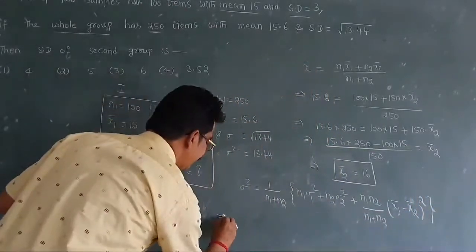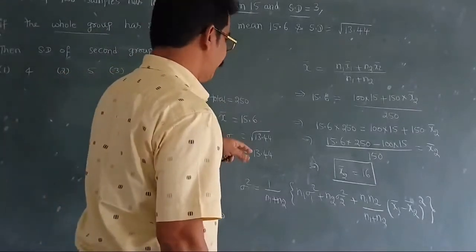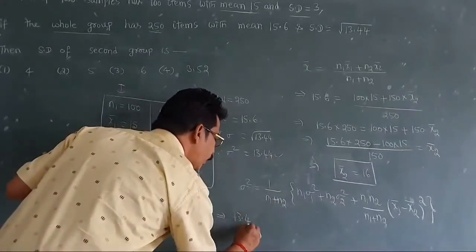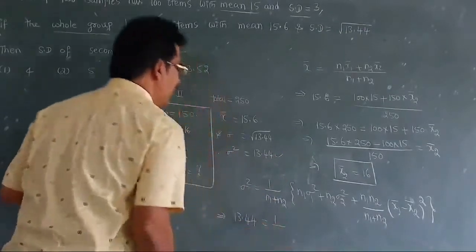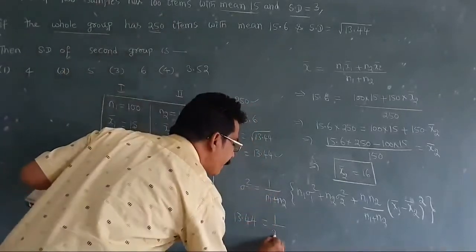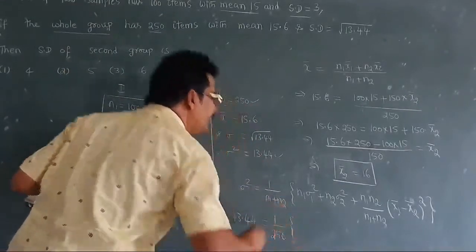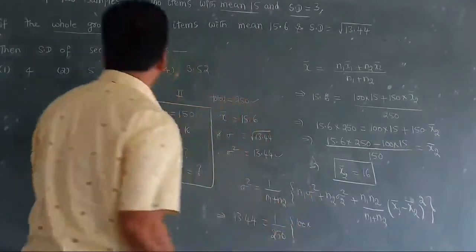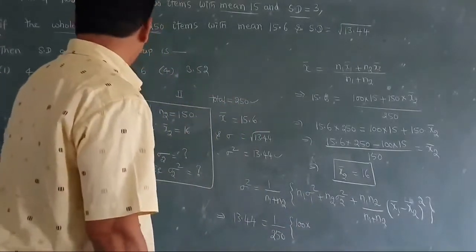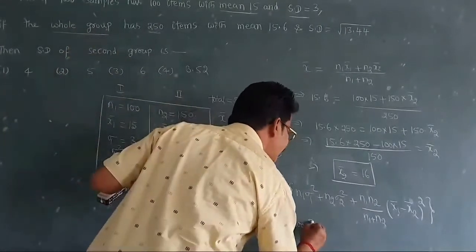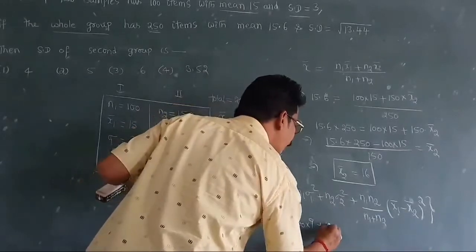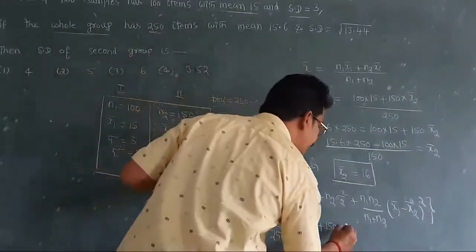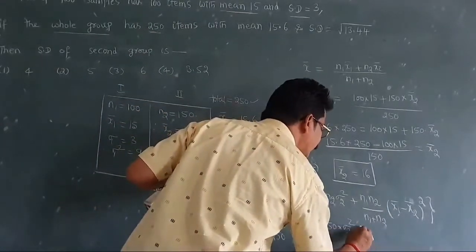Sigma square is given as 13.44, that is equal to 1 by n1 plus n2, 250, into n1, 100, into sigma 1 square, which is 9, plus n2, 150, into sigma 2 square. We don't know sigma 2 square. Of course, it is our question.